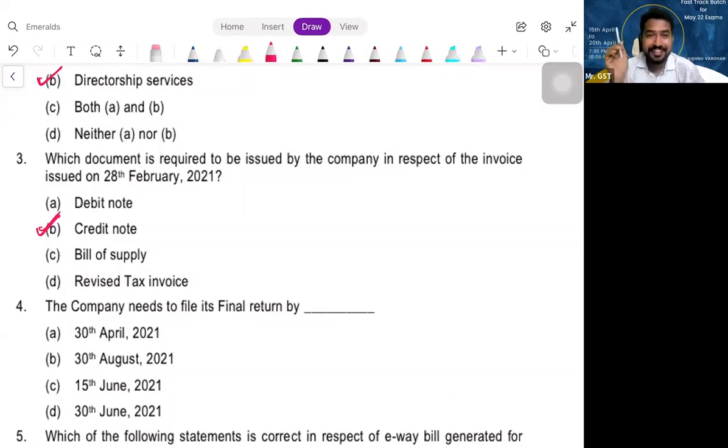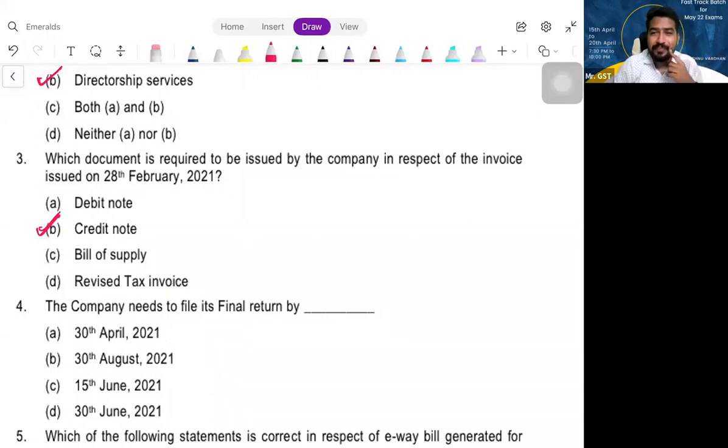Divakar? Within 3 months from the date of order of cancellation. I am clear with: within dash days from the date of cancellation or from the date of order of cancellation, whichever is later. But I want the time period there.